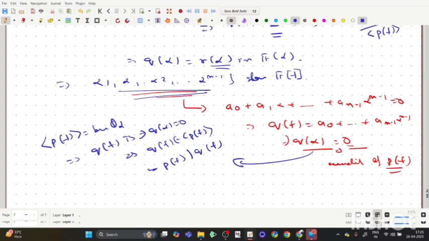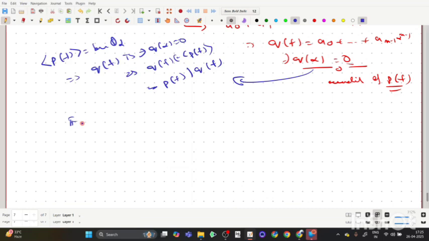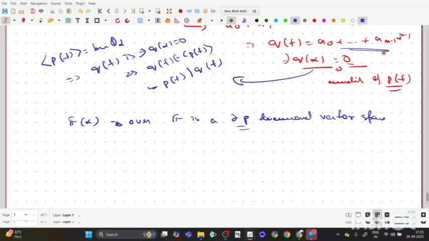So what we have actually proved is that F(alpha) over F is an n-dimensional vector space, where n is the degree of p. Don't confuse it with the degree of r, or the highest power of each of these elements being less than n.